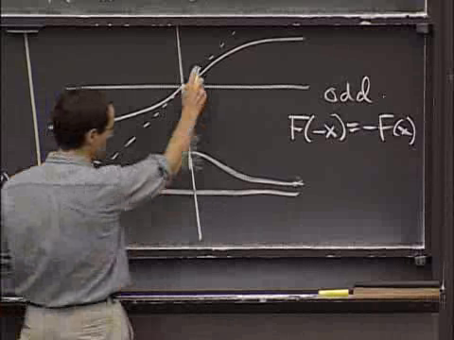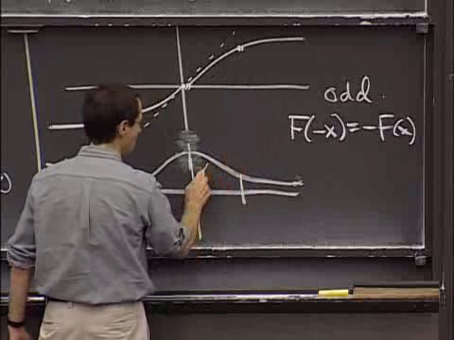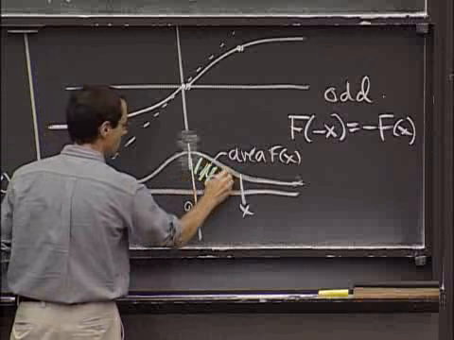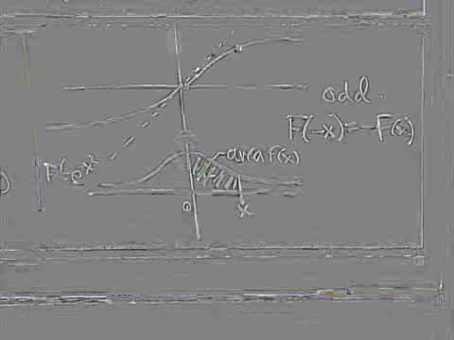Now, the interpretation of the function that's up above is that the value here is the area from 0 to x. So this is area f of x. Maybe I'll color it in, decorate it a little bit. So this area here is f of x. Now I want to show you this odd property by using this symmetry.